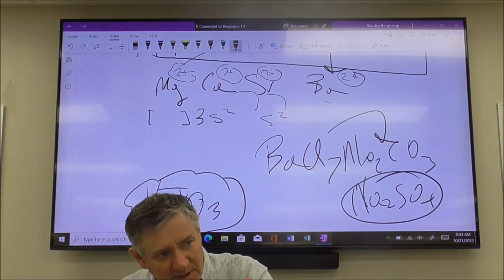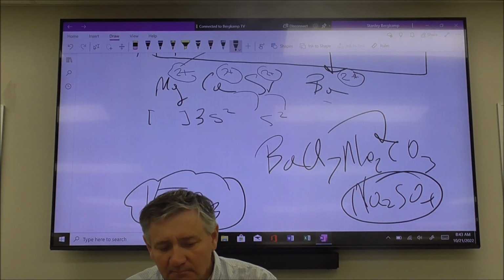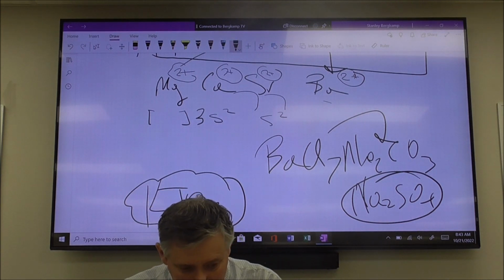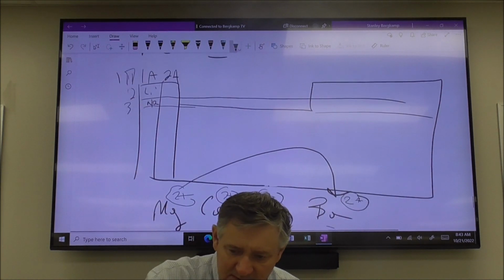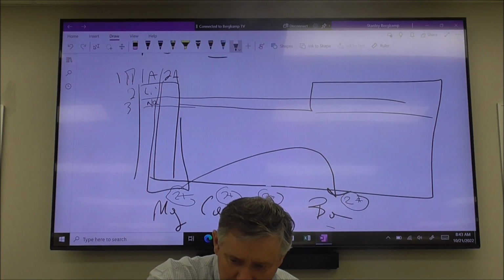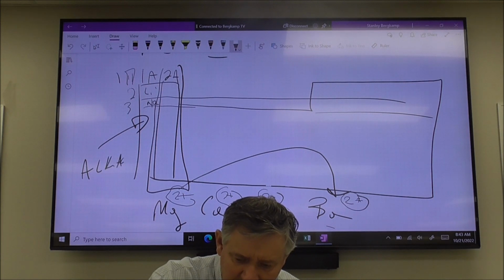Now, let's make sure everybody's cool with the terminology. In that post-lab question, it says which group 2A element, so when you're talking about group 2A, this is going to be coming down here, right? And group 1A, I want to make sure everybody's cool with this, that's the alkali metals.